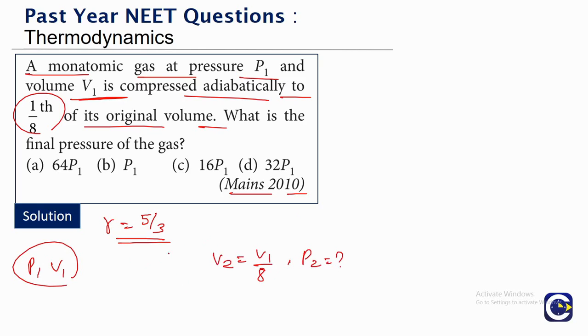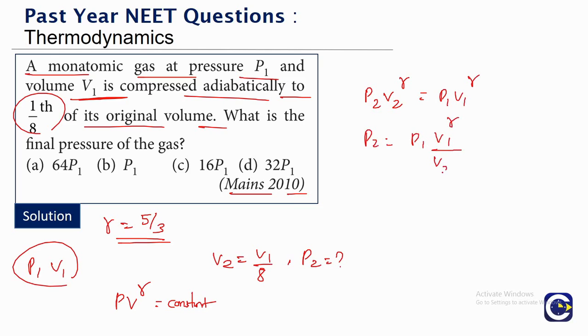So in an adiabatic process we have a relation, right? P into V to the power of gamma is constant. Means P2 V2 power gamma will be P1 V1 power gamma. So P2 will be equal to P1 into V1 power gamma by V2 power gamma. So that is P1 into V1 by V2 whole power gamma.